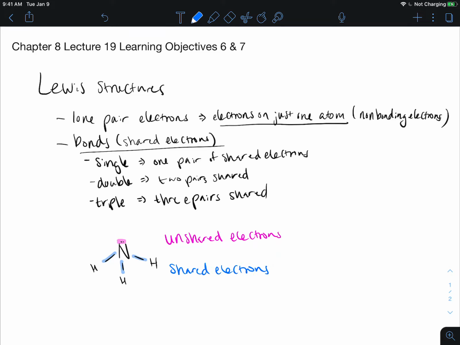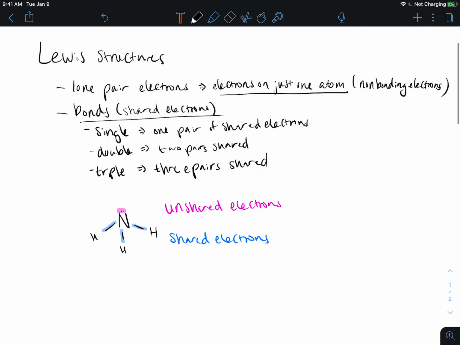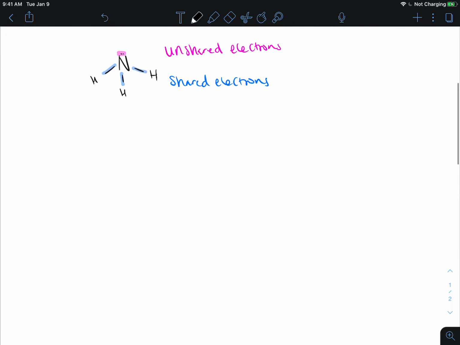So if we've got an atom that is not sharing electrons, then it's going to feel both of the negative charges from both electrons. While if we have a shared pair of electrons between two atoms, then it's kind of like each atom feels half of that electron's negative charge, giving it only really the feel of having one electron, though both are participating in both atoms' octets. So this brings us to the idea of a formal charge.